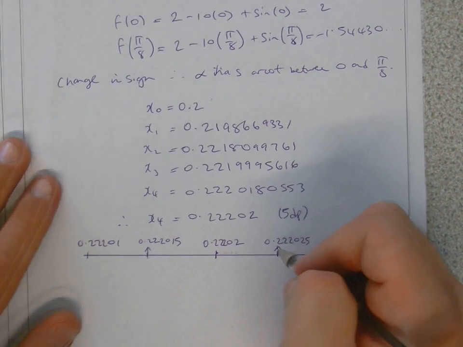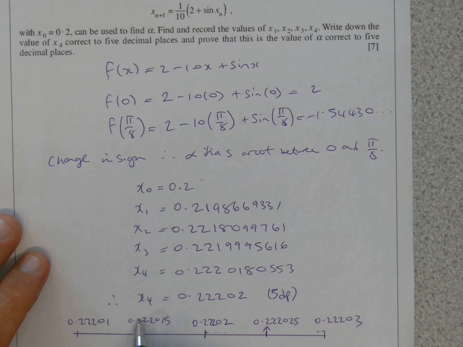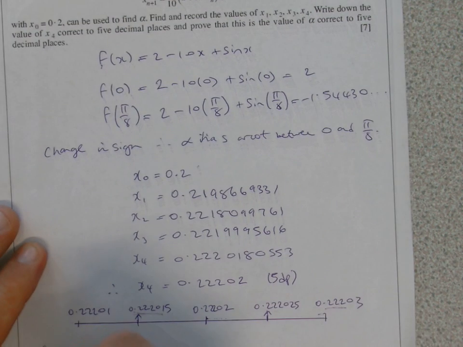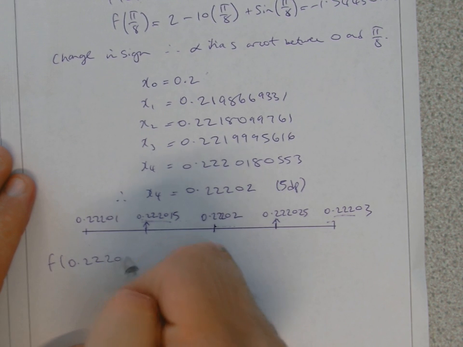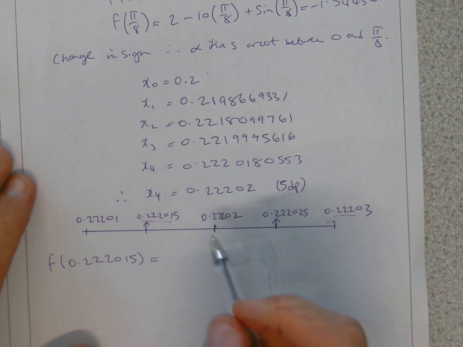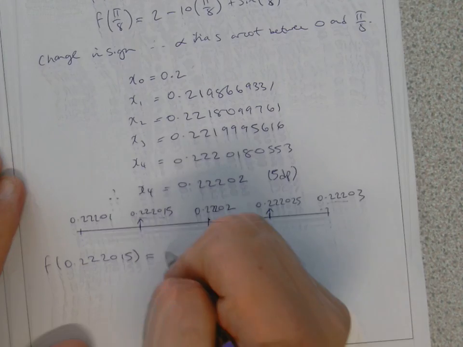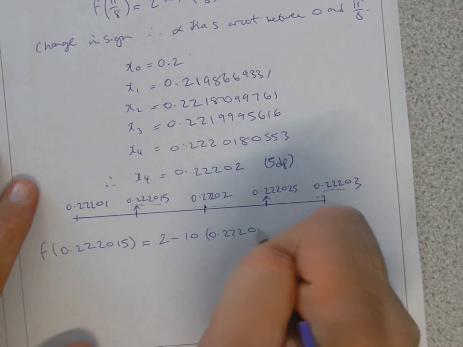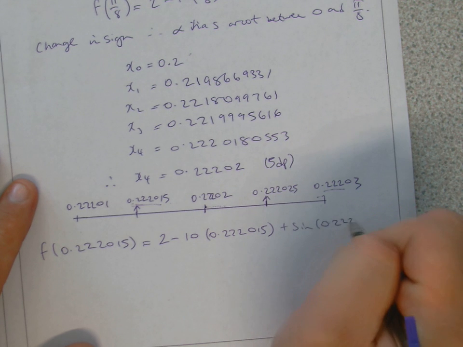Remember then you always go back to your original f of x. Don't put these values in your iteration formula. Put it into your f of x. So f of 0.222015, which remember is up here, will be 2, take away 10 times 0.222015, plus sine of 0.222015.